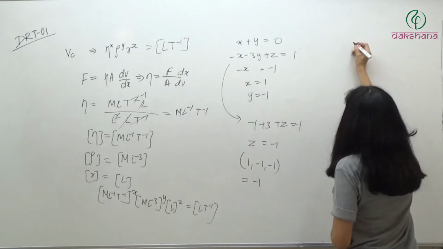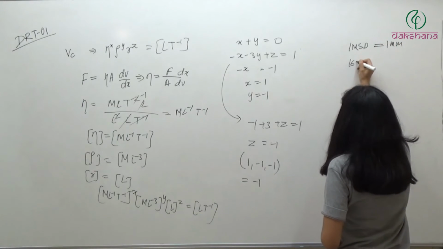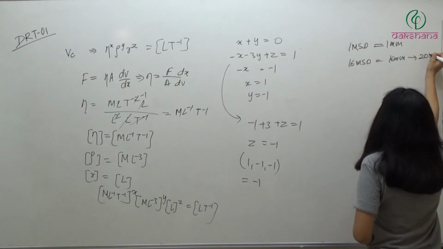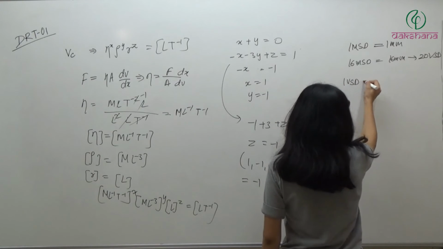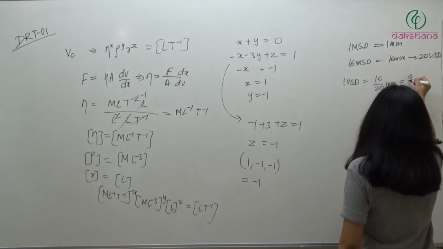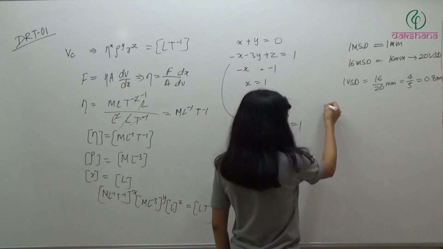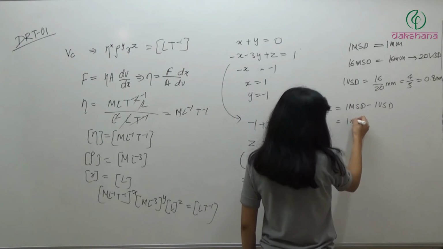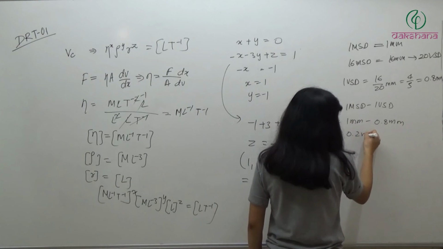Now, one main scale division is equal to 1 mm, so 16 main scale divisions is equal to 16 mm, and it is matching with 20 vernier scale divisions. That means one vernier scale division is equal to 16 by 20 mm, which is equal to 4 by 5 or 0.8 mm. Now least count will be equal to 1 MSD minus 1 VSD. So it is 1 mm minus 0.8 mm, which is equal to 0.2 mm.